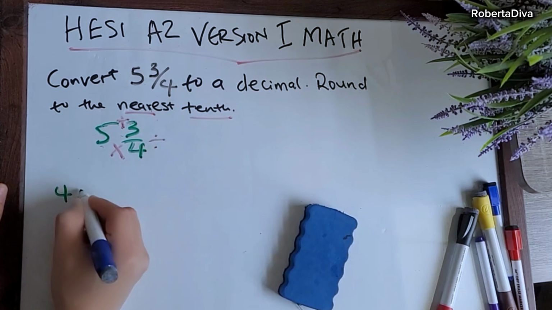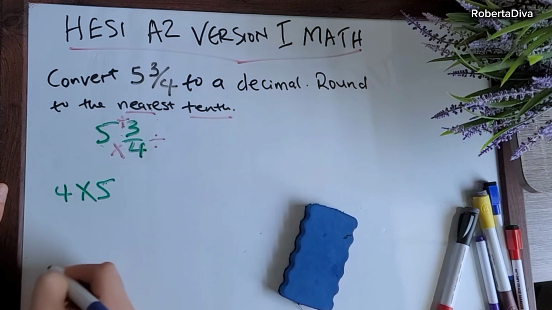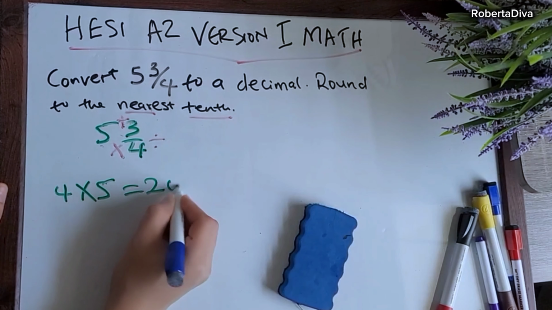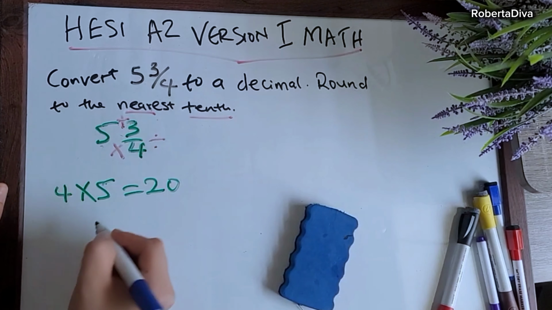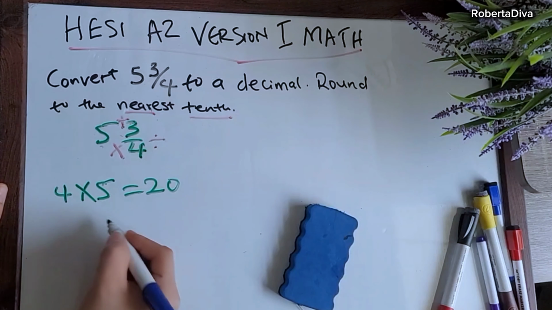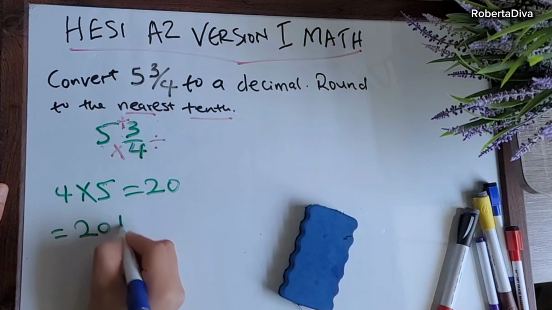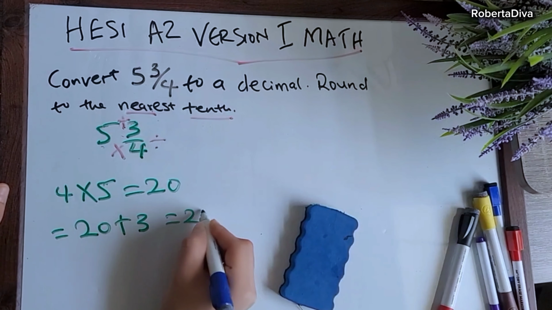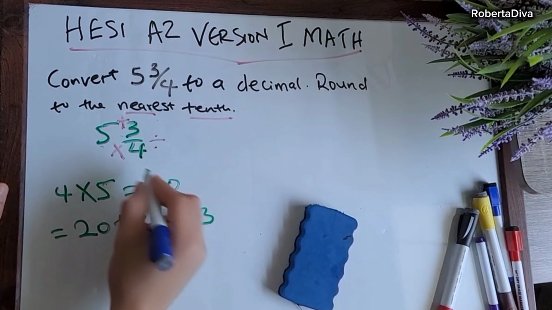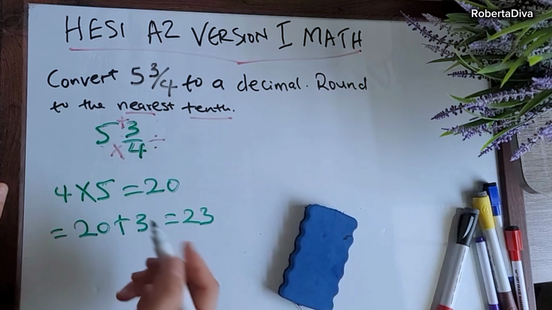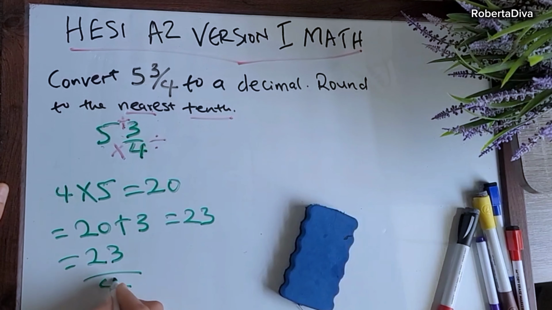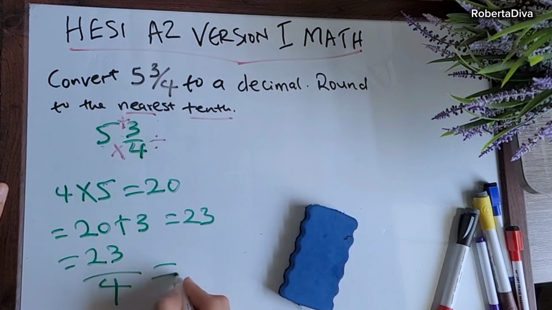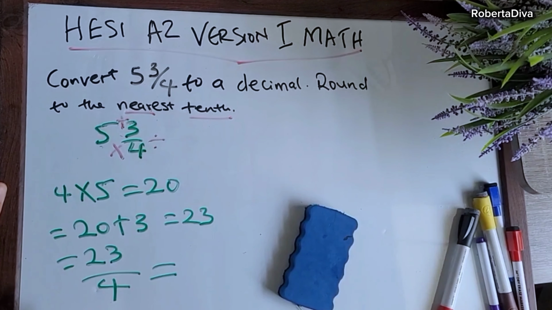The denominator, multiply the whole number. 4 times 5 will give you 20. So 20 plus 3 will give you 23. And then you divide the answer you get by 4. So 23 over 4. 23 divided by 4 is going to give you 5.75.